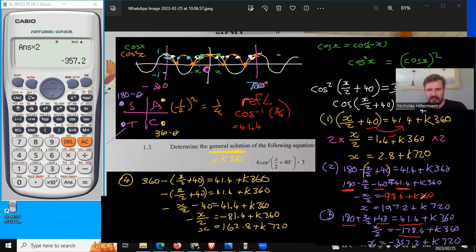It now repeats every 720 degrees. And so we have 4 solutions every 720 degrees rather than 360 degrees. That's what this does. I don't want to go into that and confuse you.